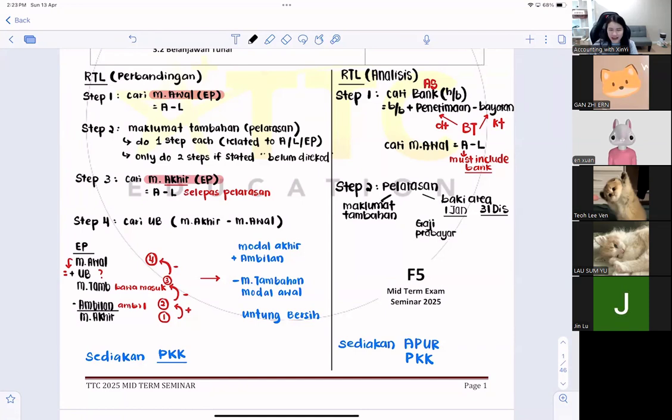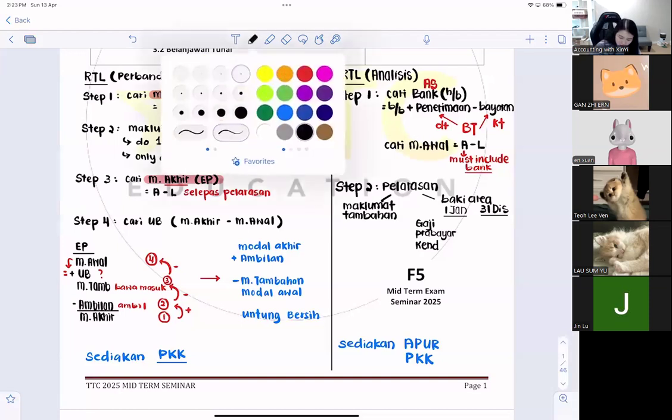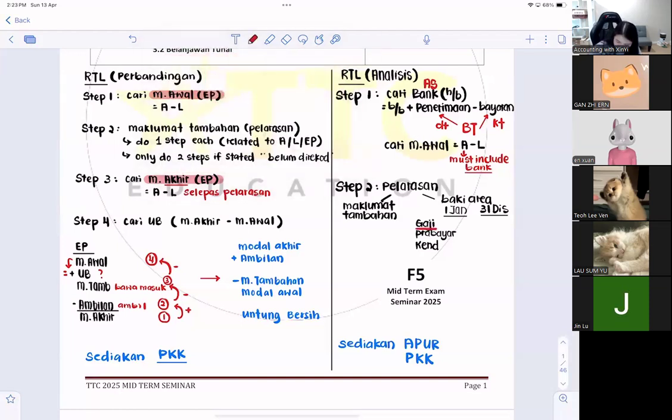Then of course, having a baki is very normal. Last year I paid in advance, so this year it will show in my reports. Okay, gaji prabaya. Or maybe you take note on kenderaan. Okay, so how you sense there's a pelarasan happening in the list is when gaji prabaya, the moment you see any belanja or hasil's name appear here, means there are adjustments to be done.